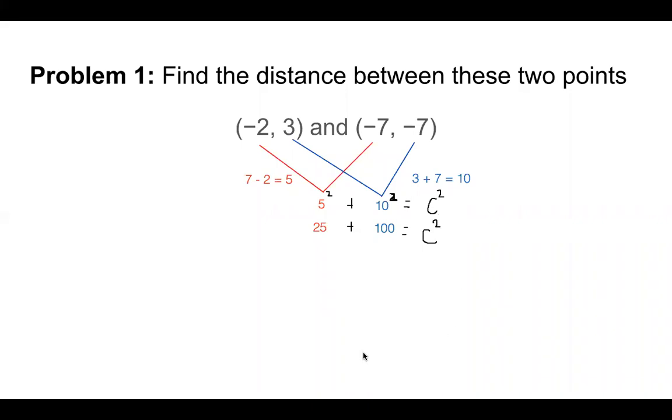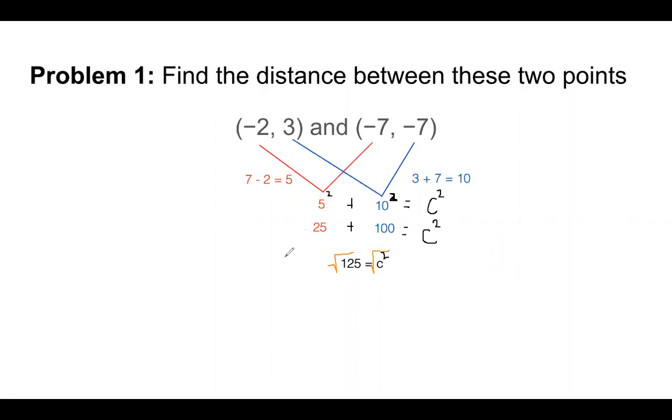We're going to keep going by adding up those numbers now. 100 plus 25 is 125 equals c squared. And notice that c is still squared, so to find our final answer, we need to now square root both sides. So I will square root the 125, square root the c squared.